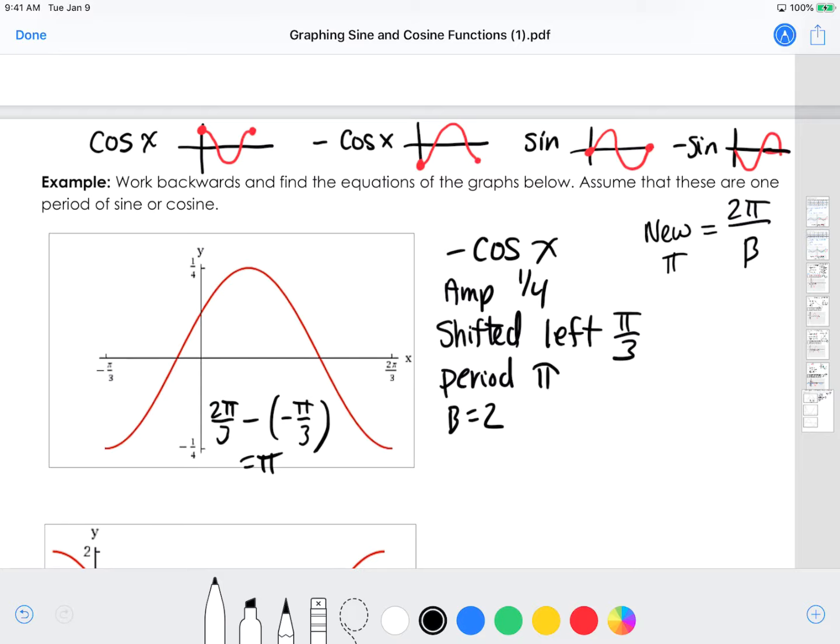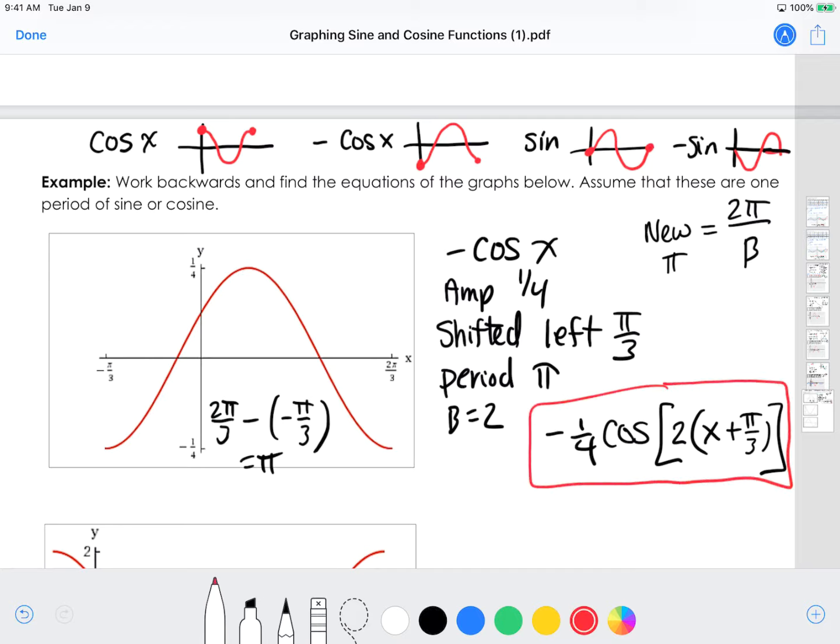So now we have everything we need. We have minus 1/4, because 1/4 is our amplitude, our value of a. Cosine, my value of b, which is 2, and then x, and since we're moving to the left pi over 3, that's going to be a plus pi over 3. So this is the equation for the first graph.